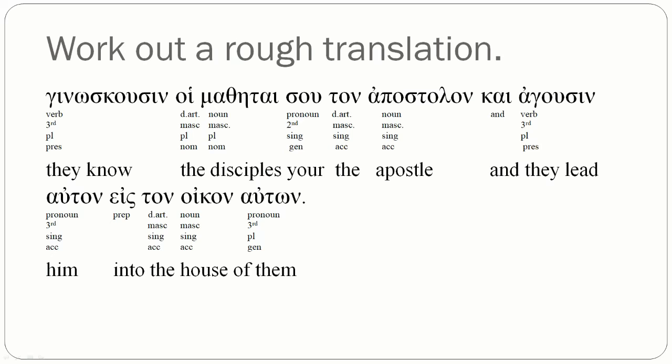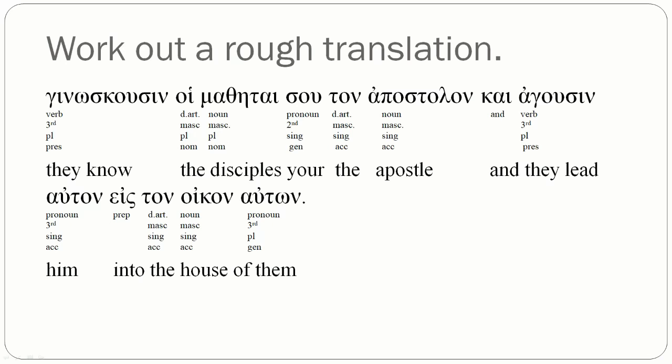From ago, I lead. Auton is the object form of the pronoun, so him. Eis ton oikon auton, into the house of them. Okay. Auton being genitive, you can translate of, so into the house of them.